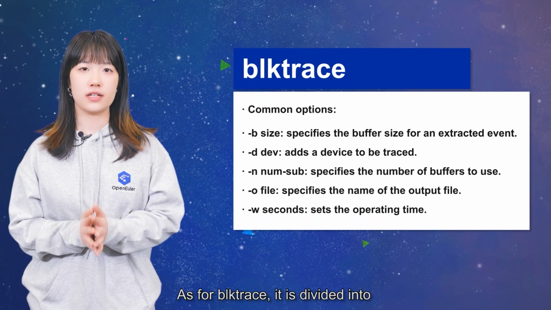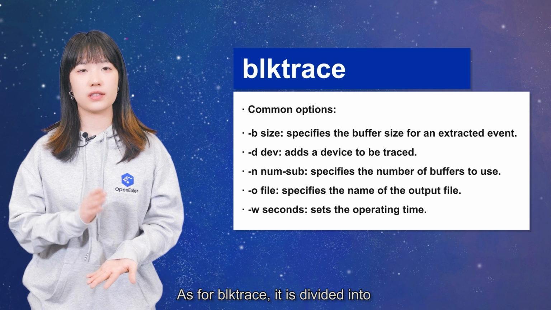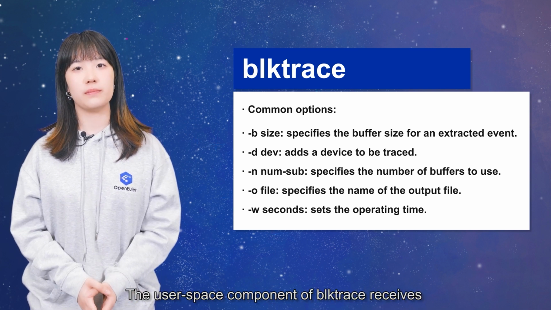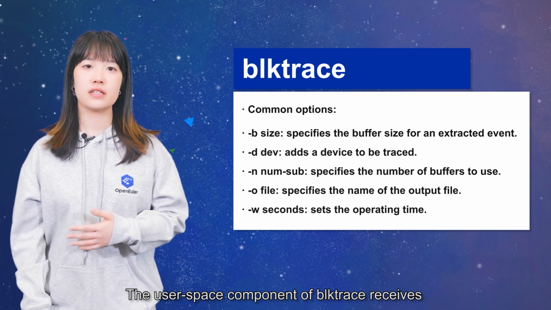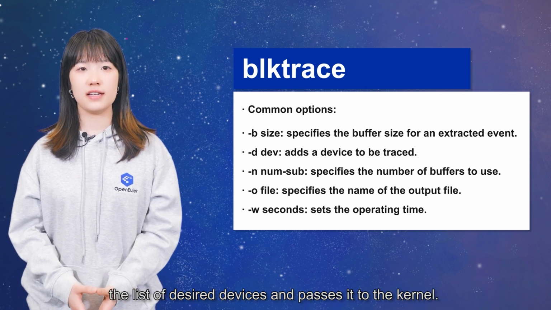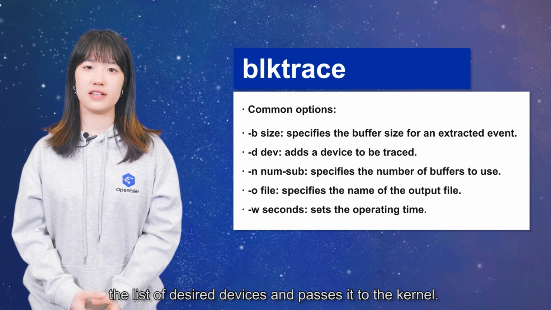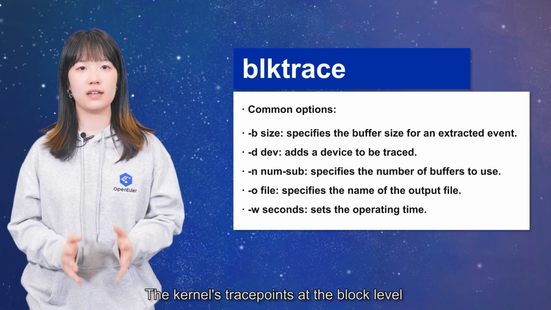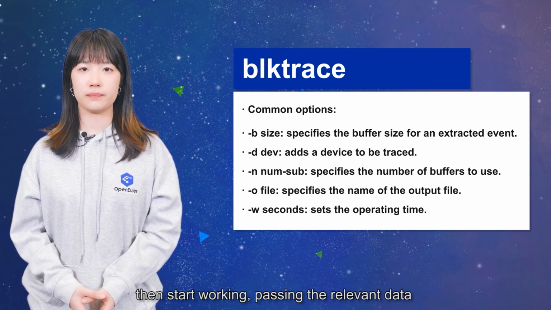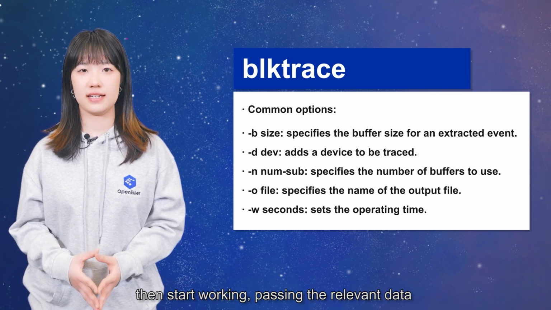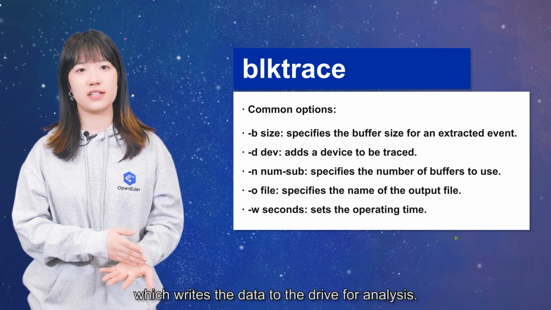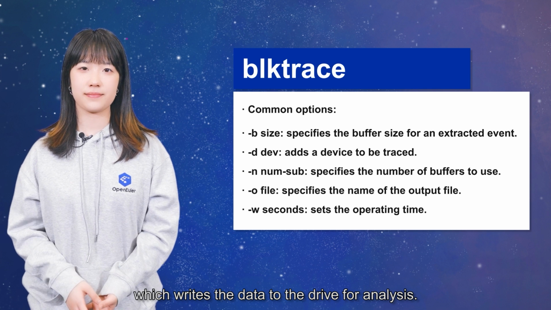As for blktrace, it is divided into kernel and user space components. The user space component of blktrace receives a list of desired devices and passes it to the kernel. The kernel's trace points at the block level then start working, passing the relevant data to the user space component, which writes the data to the drive for analysis.